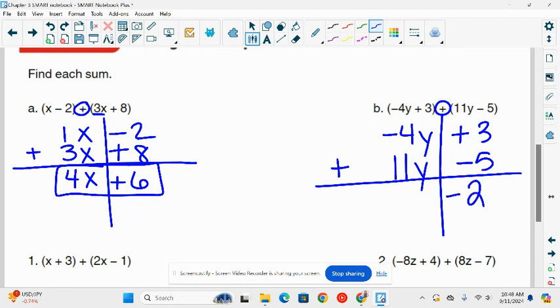Negative 2. Then I have negative 4 plus 11. 7. Positive 7, but what else do I have to bring down with it? That y. It's kind of like when you're adding decimals and you have to bring your decimal point down. That's your answer. Can we put those two things together?